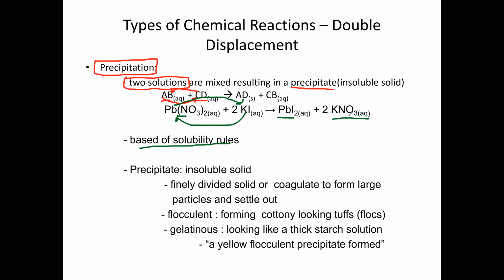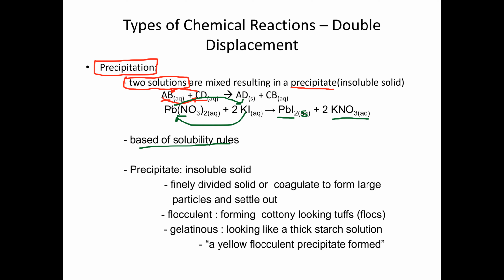Potassium nitrate is soluble, so it gets the label aqueous. Lead(II) iodide is actually insoluble, so it should get the label of a solid. So when you mix lead nitrate with potassium iodide, lead(II) iodide is going to precipitate out, and potassium nitrate is going to remain in solution.